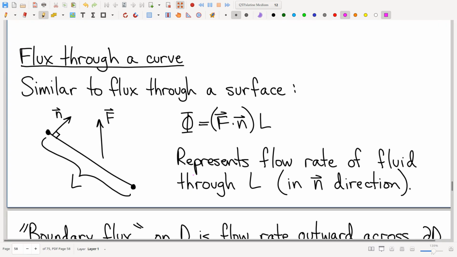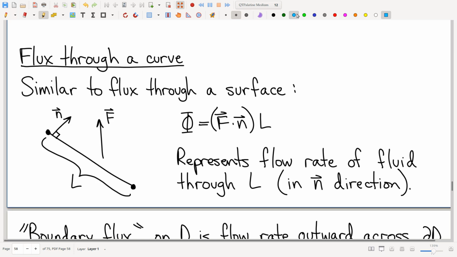Flashbacks to chapter 3. Y'all remember flux through a surface from chapter 3? This is a kind of analogous idea. Instead of having a surface in space and having a 3-dimensional fluid flowing through that surface and us wanting to compute volume per unit time, here we're in 2 dimensions.